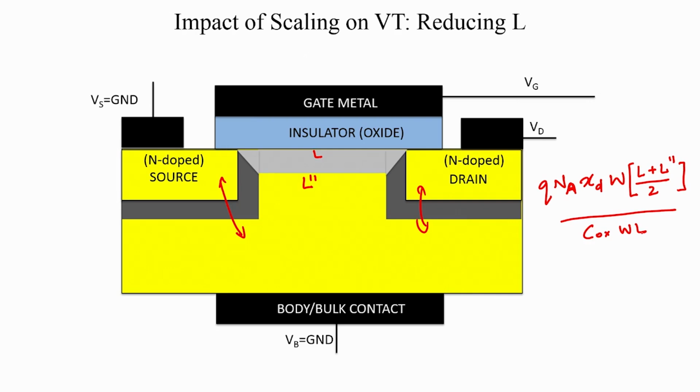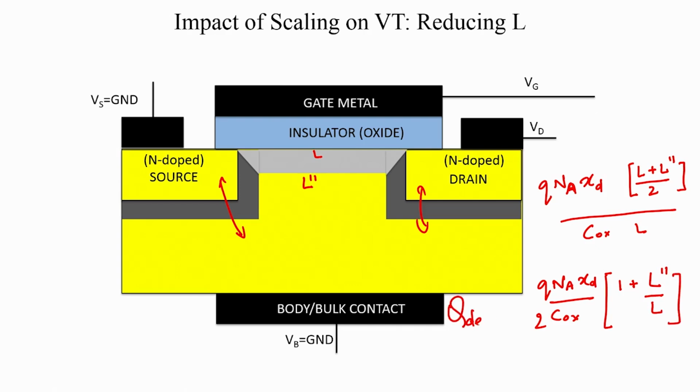Let us get rid of the W's. It is essentially going to give you q N_a x_d by C_ox into (1 plus L double dash by L) by 2. So, that is the Q depletion of the long channel device, accurately.